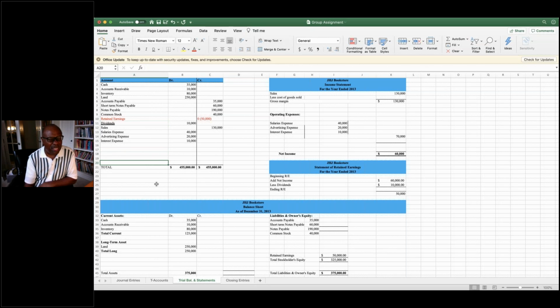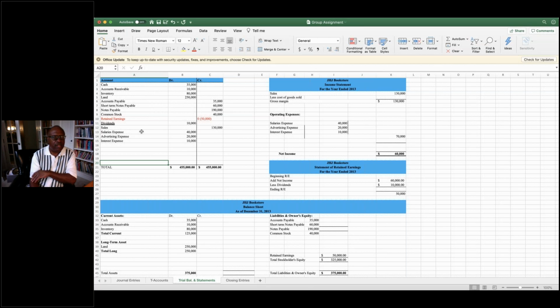So we got that double underline on dividends. Everything below that double underline goes where? Under expense. It goes on the income statement. So you must keep your accounts in order, of the chart of accounts, to be able to do this.